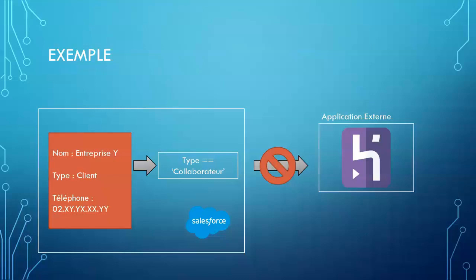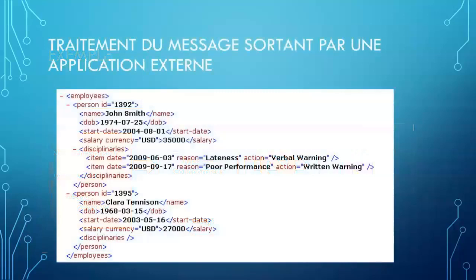Now that we have a better picture of how Salesforce handles outbound messages, let's take a look at the receiving of this message. How the external application will get the request and process it. Outbound messages are generated in XML format. This is quite an old format which was more popular a few years ago.